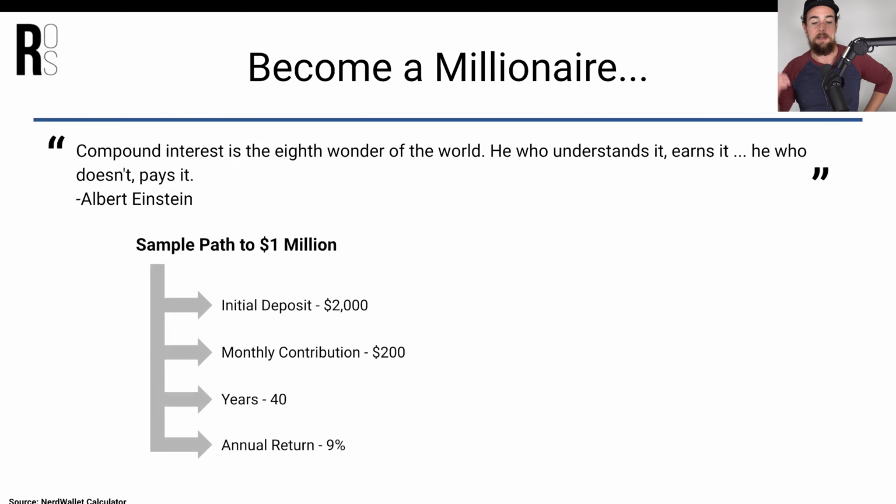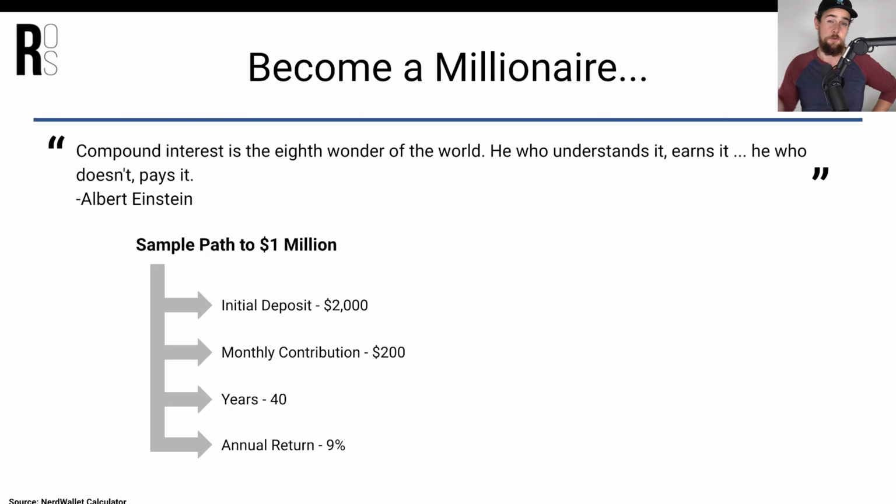So let's take a look at a very simple path to a $1 million retirement. This would be an initial deposit of $2,000 and then a monthly contribution of just $200 or $50 every single week.